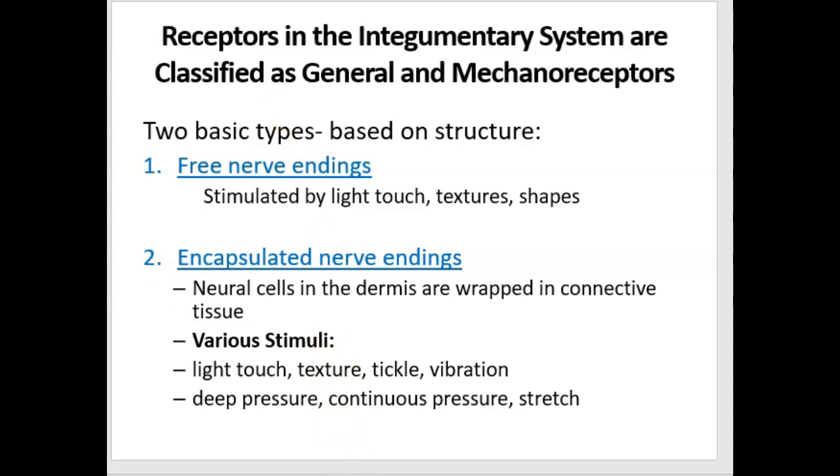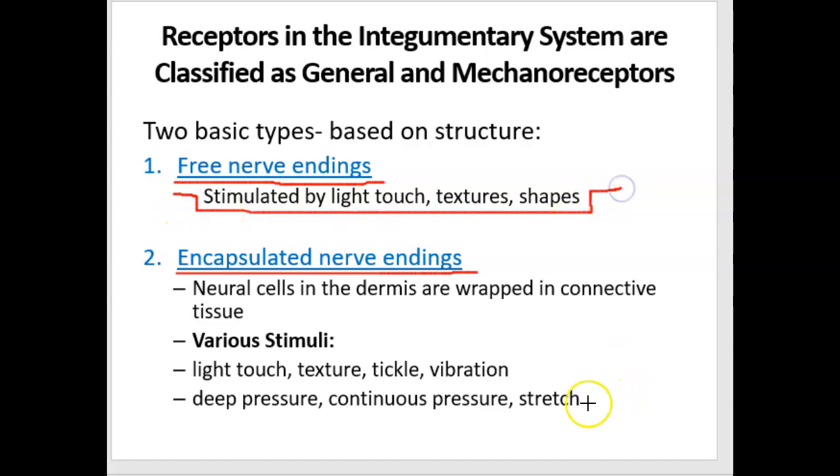Now the two basic types of mechanoreceptors in the skin are free nerve endings or encapsulated nerve endings. The tactile cell is an example of something being connected to a free nerve ending.